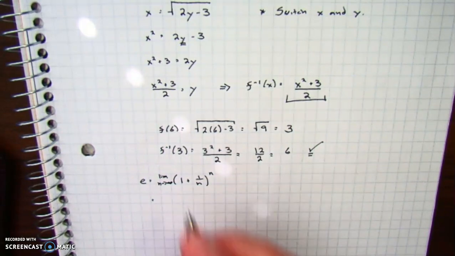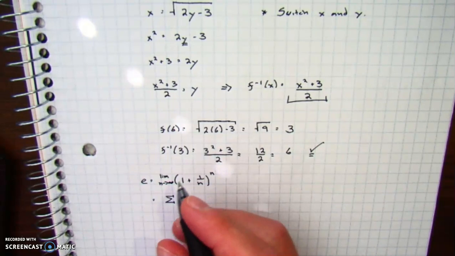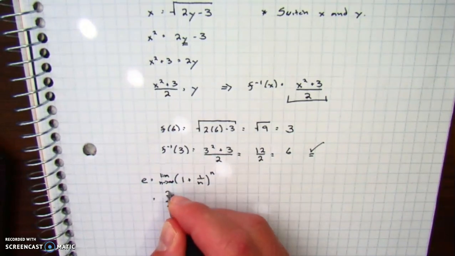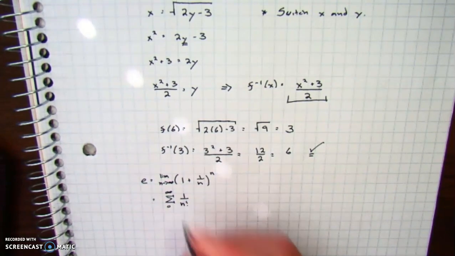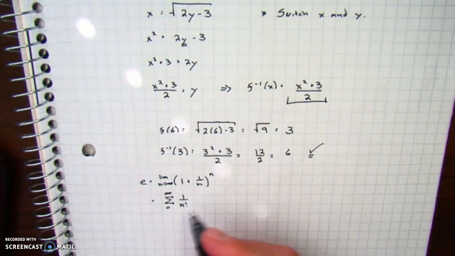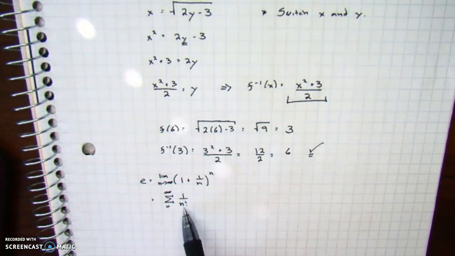Or another way to write it is as a summation from n equals 0 to infinity of 1 over n factorial. Remember, that's like if it's 5, it's 5 times 4 times 3 times 2 times 1.